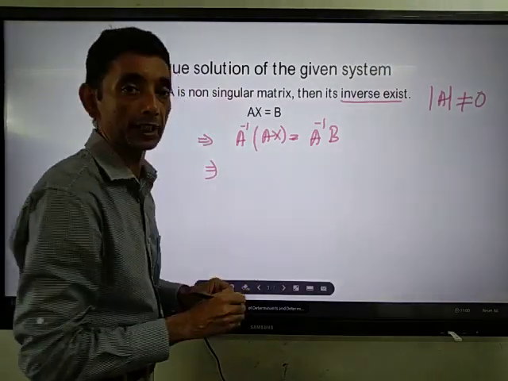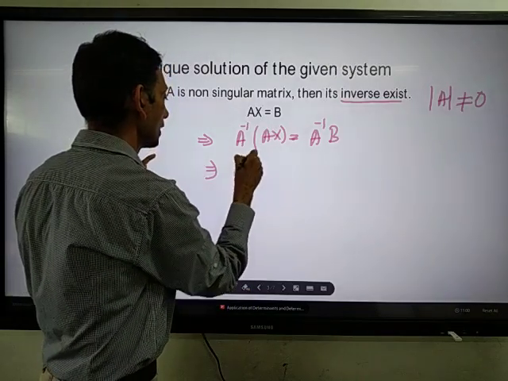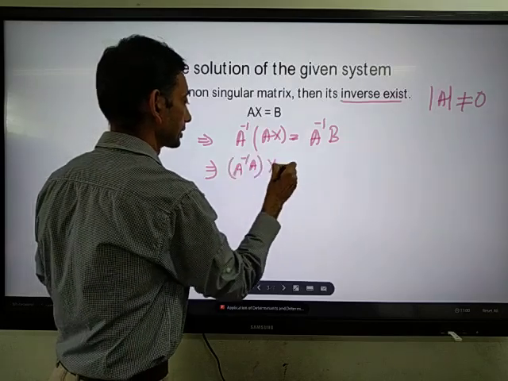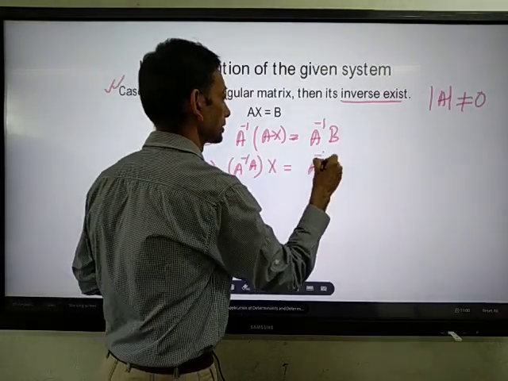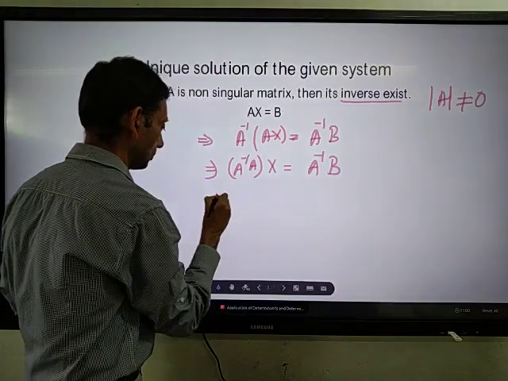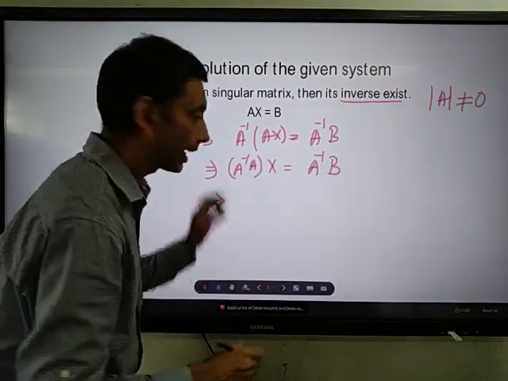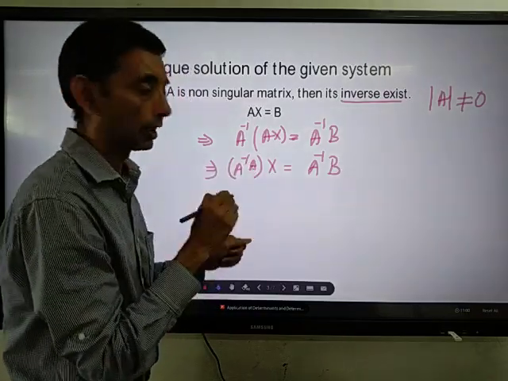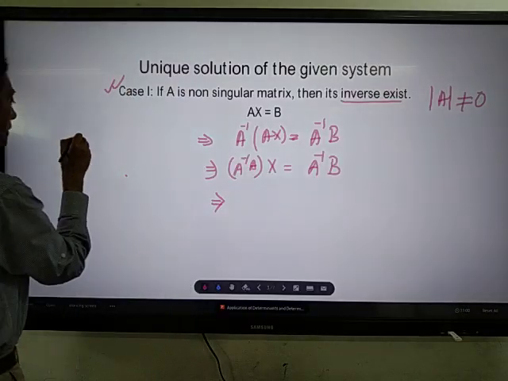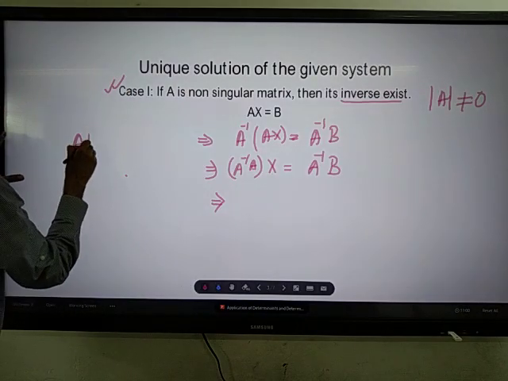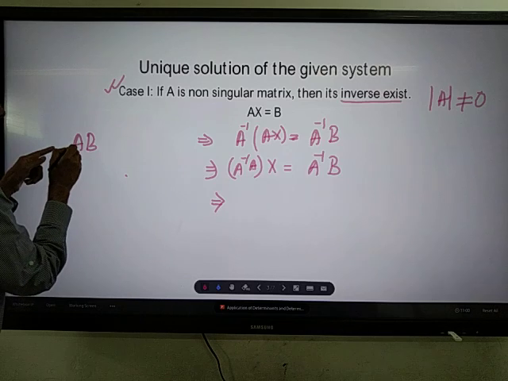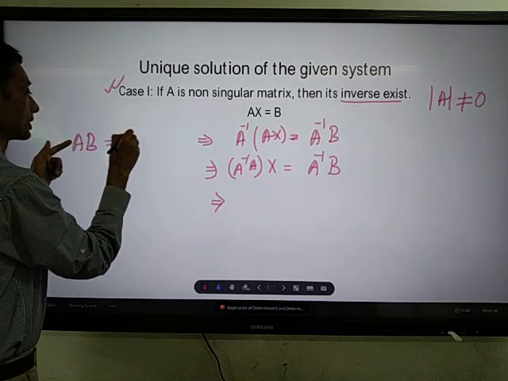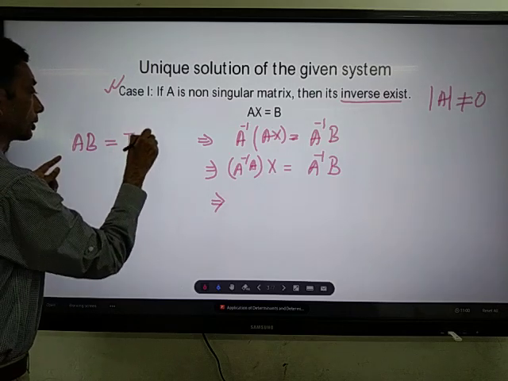So we are going to use associativity: A inverse A X, and the right side will remain as it is. Now, what is A inverse A? A inverse is the inverse of A. If you multiply a matrix with another matrix, and A is the inverse of B, or B is the inverse of A, then AB is always equal to I, or equal to BA.